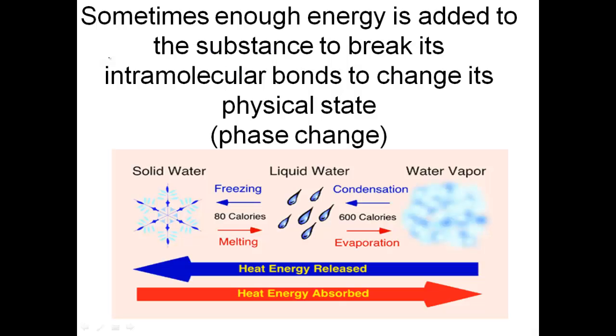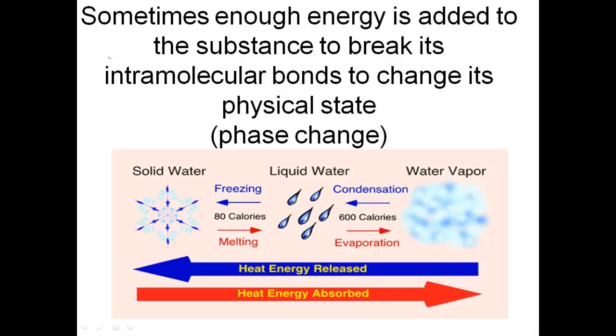That's going to let us talk about what's going on as compounds and elements go through phase changes. And so when we have a solid and we add enough energy, we can actually break intramolecular bonds, so the bonds between molecules or between atoms, and cause them, instead of being a rigid formation, to be in a fluid formation, which would be our liquid.